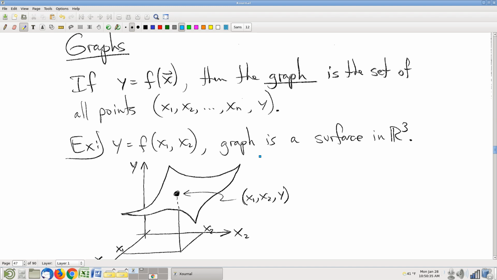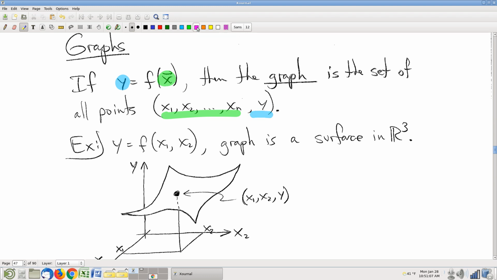All right, what's a graph? A graph says you take your function and you set it equal to a new variable. Let's call it y in this case. So we have a function with input variables x. Take the output, call it y. The graph is what you get when you take all of these input variables, and from there you take the output variable.